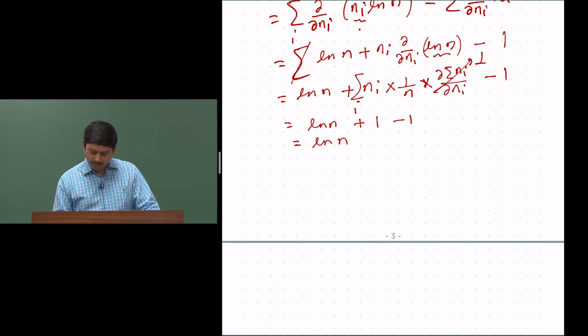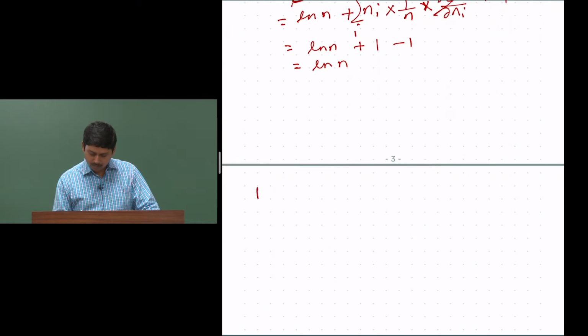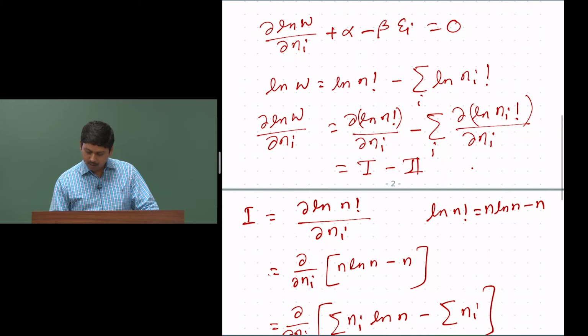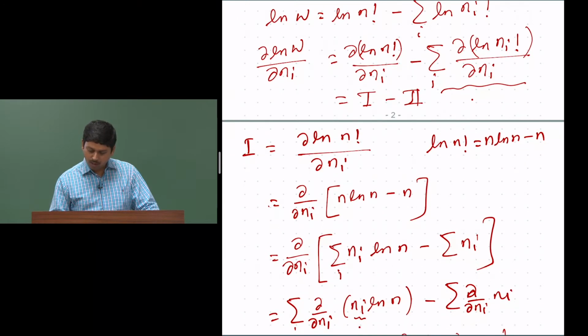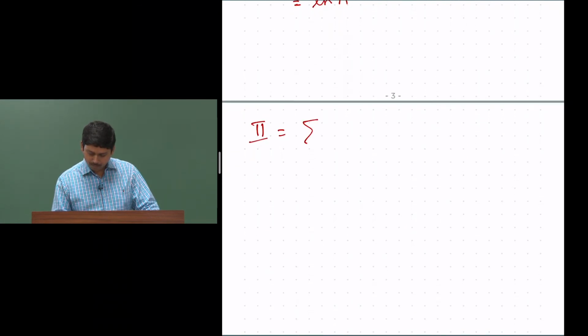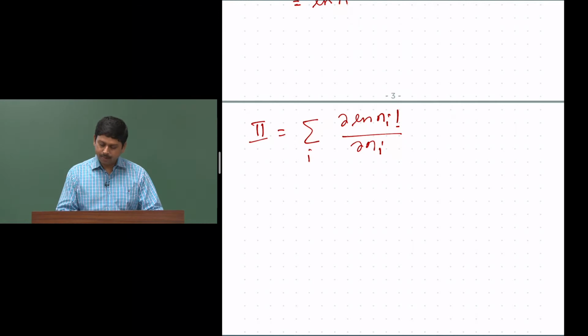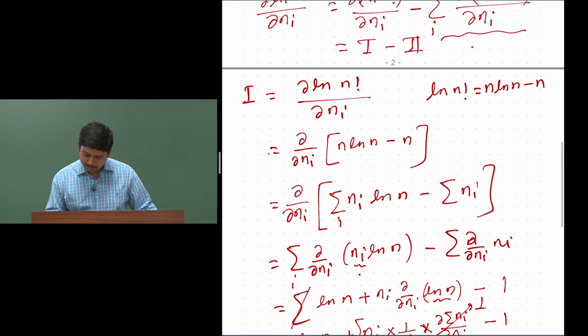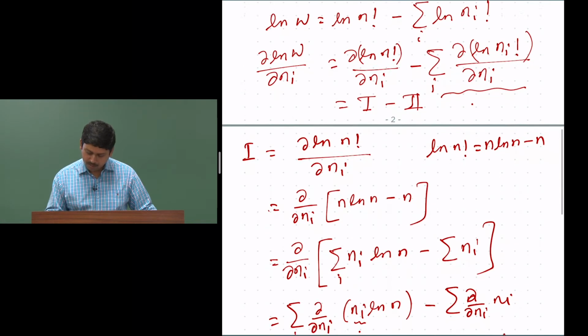Now, let us do the second term. What was the second term? Let us see. The second term was this particular term, sum over i del ln n_i factorial by del n_i.